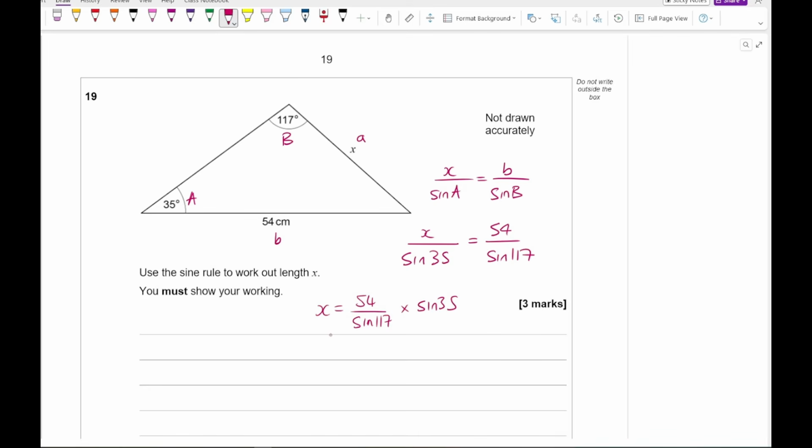And if I type that all into my calculator, then I get an x value of 34.76195373, and then it's just a case of rounding my answer. So I'm going to round it to 34.8, and that's going to be centimeters, and that's to one decimal place. Let me just get rid of this line, and that's to 1 dp.